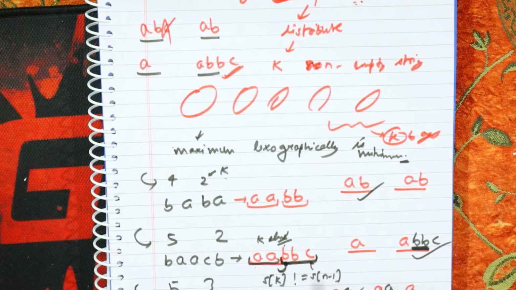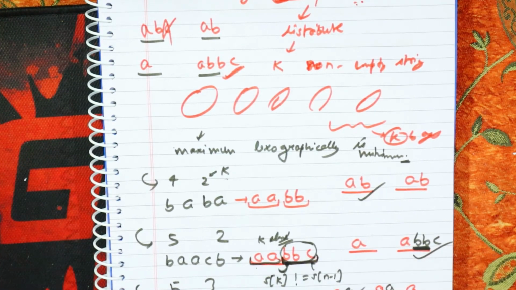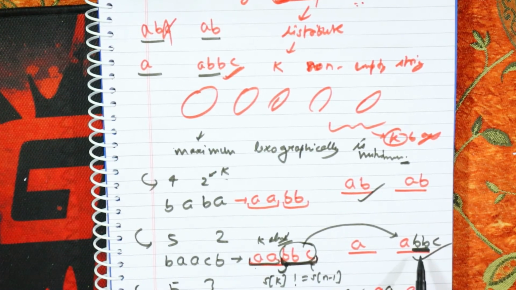So what I will do is plug the whole remaining string into the one set, so as to get the minimum answer. Understanding? I will plug the whole string which is remaining after this k into my one set, which is the one with the starting alphabet.